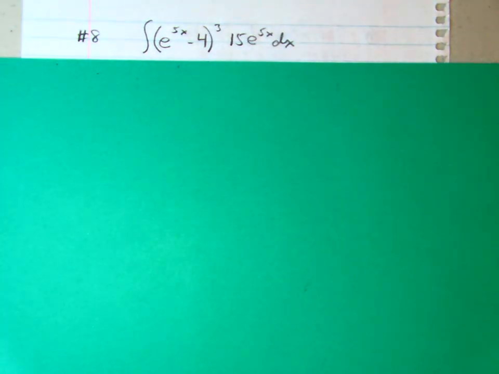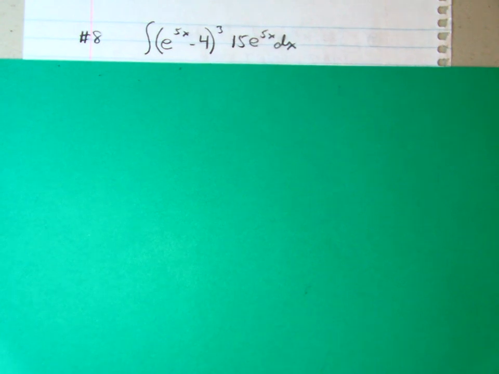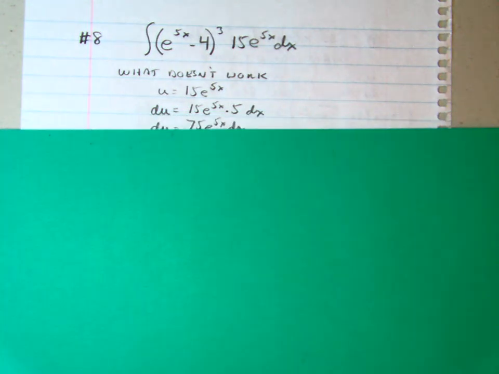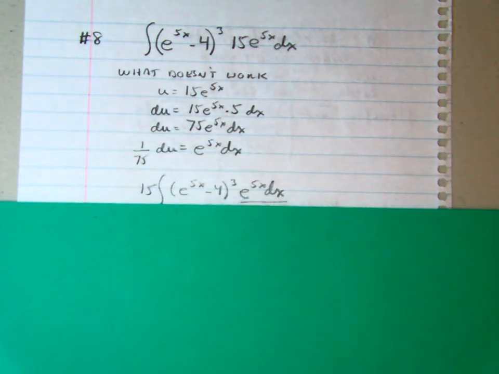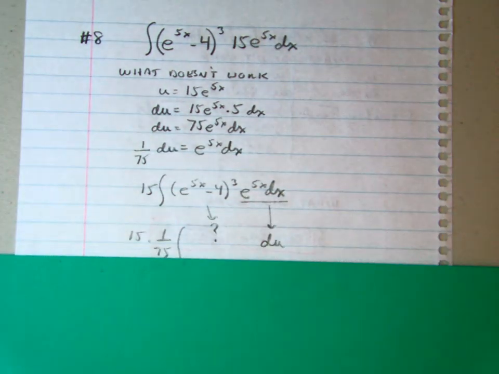All right, the other one we're going to go over from this worksheet is number 8. We want to integrate e to the 5x minus 4 quantity cubed times 15 e to the 5x dx. We know we're going to be trying to do this by u substitution. That's the topic of the week. Going to start off with what's not going to work here.